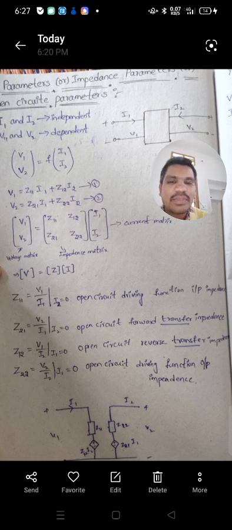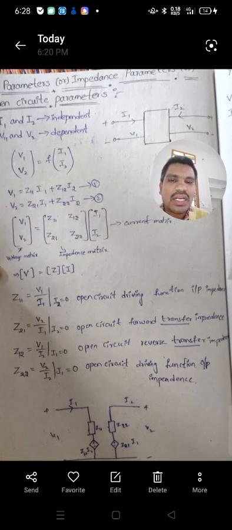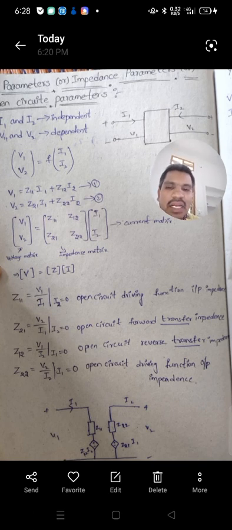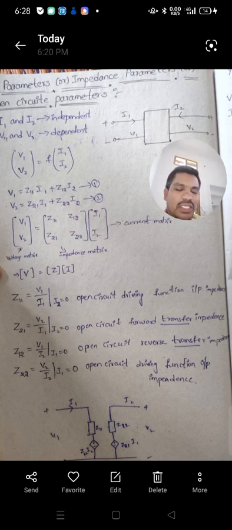Therefore from the first KVL equation, V1 is equal to Z11 I1 plus 0. So we calculate Z11, that is Z11 is equal to V1 by I1 when I2 is equal to 0. That means the input voltage is divided by the input current, and we know that when I2 is equal to 0, the circuit is at open circuit.